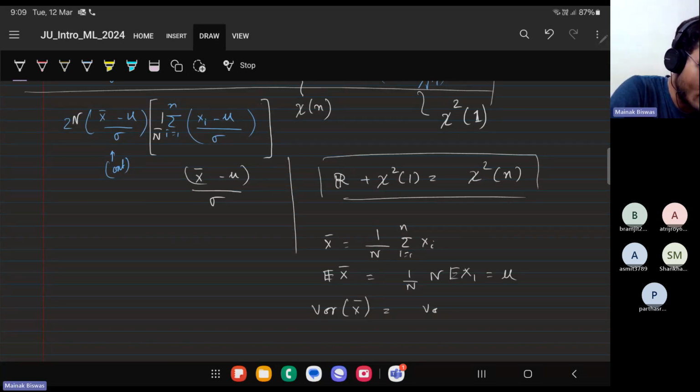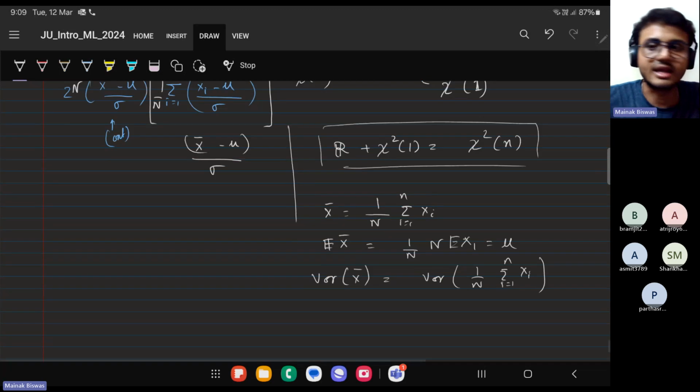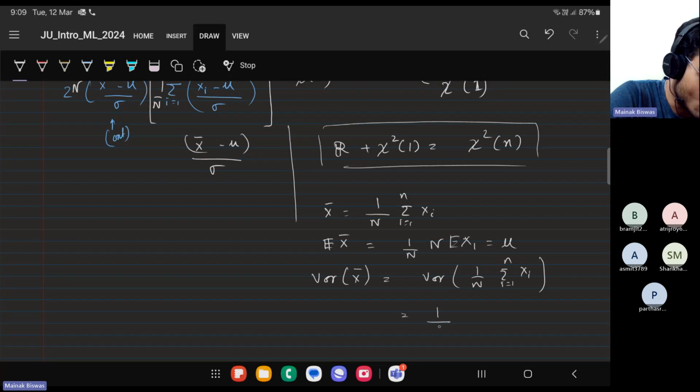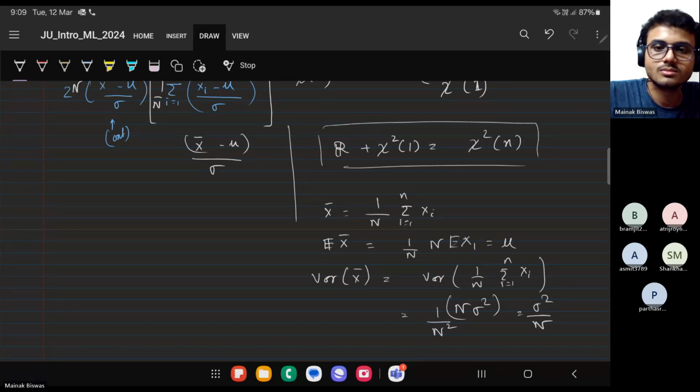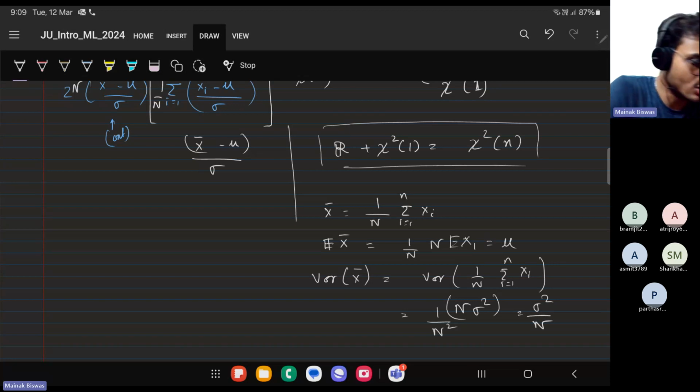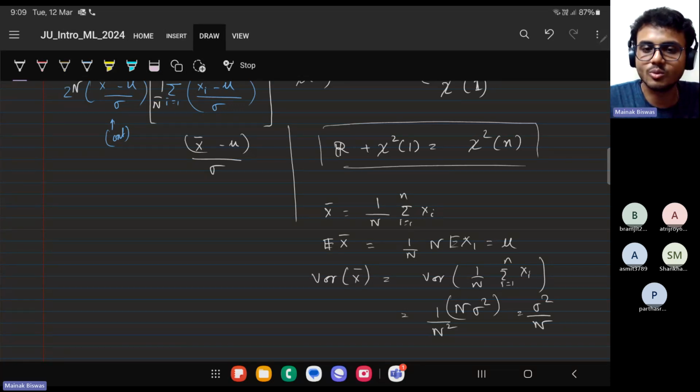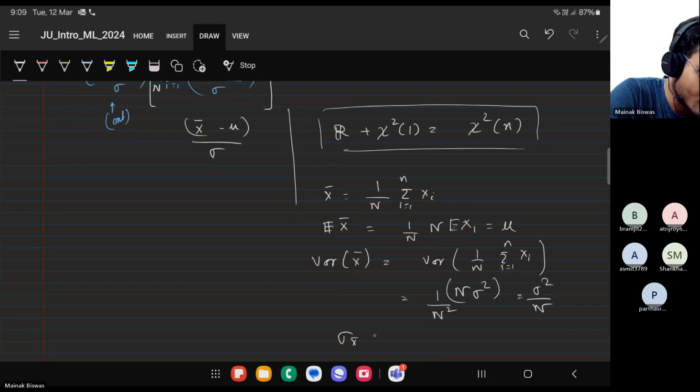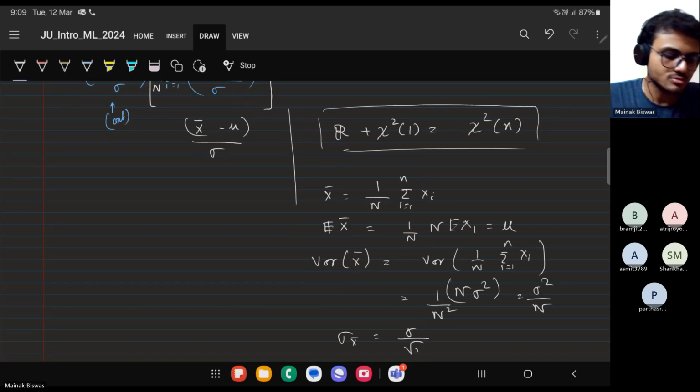This is equal to the variance of 1 by n summation of xi, and they are independent. So this is 1 by n squared into n times sigma square, so it is sigma square by n. The idea is, as we take more and more samples, I gave many examples, such as voting, and sampling the hemoglobin of a female population in a country. So your sigma of x bar is sigma by root n. Yes or no?